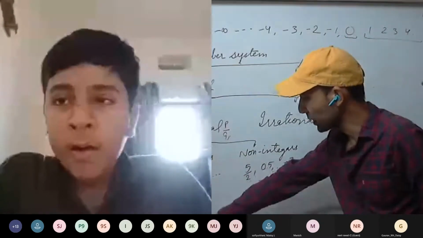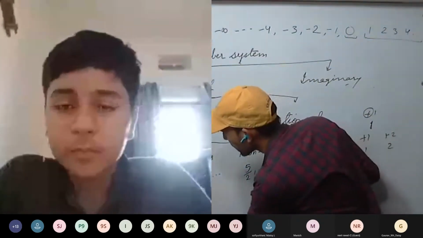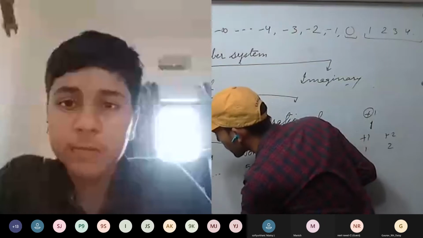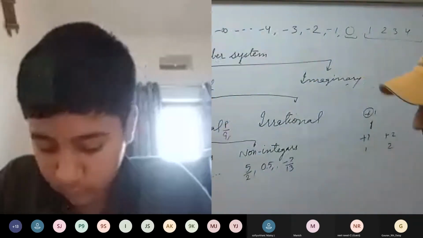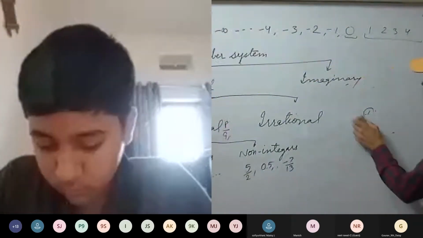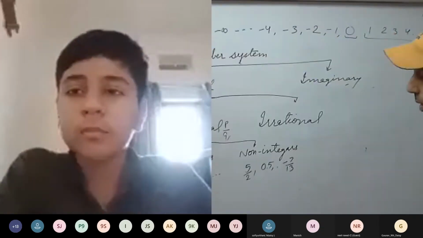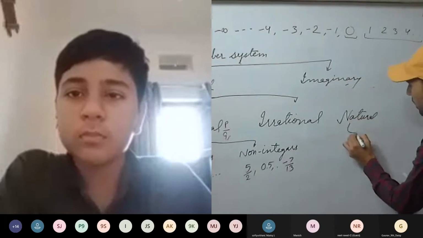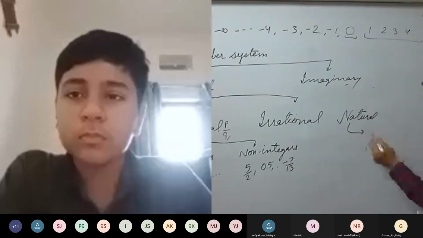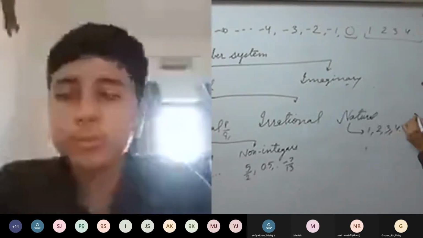Now these integers can be further divided. First we discuss natural numbers. What are natural numbers? Natural numbers are 1, 2, 3, 4 up to infinity.